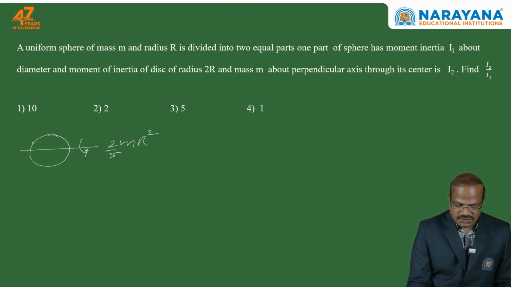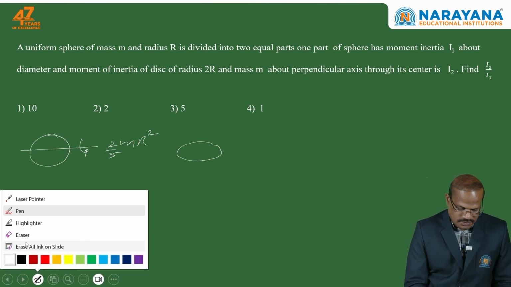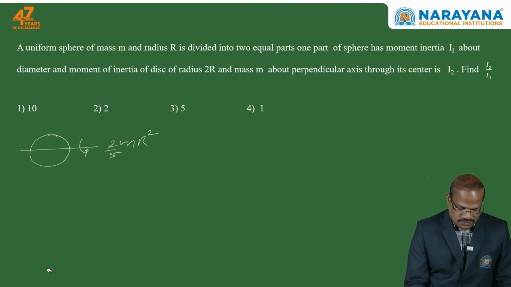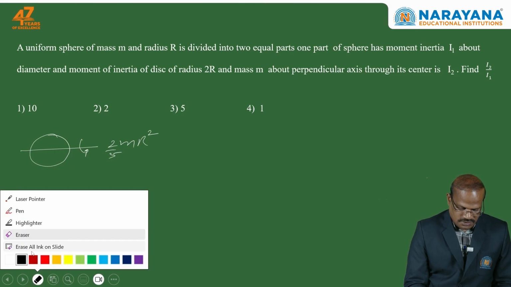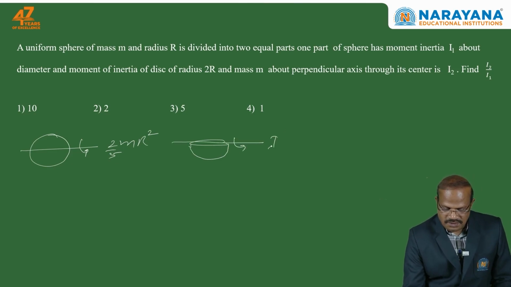If you cut this into two equal parts, if you see one hemisphere about the same diameter, moment of inertia becomes half of the initial value, half of 2 by 5 m r square.